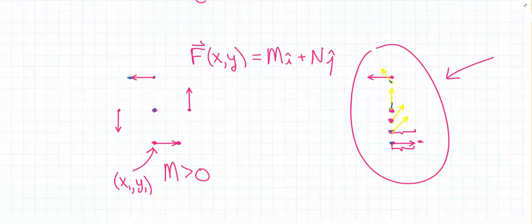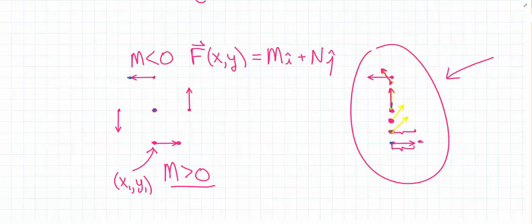We go up again to this vector, and notice m is smaller still, until here, m is completely 0. When we put our x and y into the vector field, we get an m of 0. The next step would be this vector, and notice this vector is actually pulling a little to the left, and now m is less than 0. So we started here with m greater than 0, and we end up here with m less than 0.